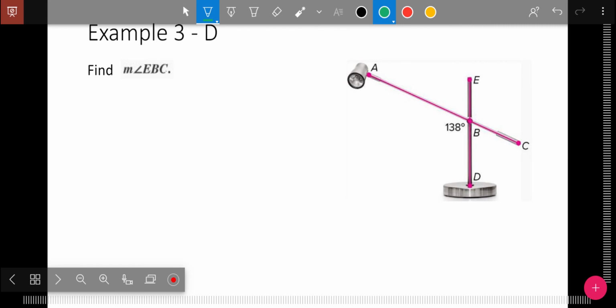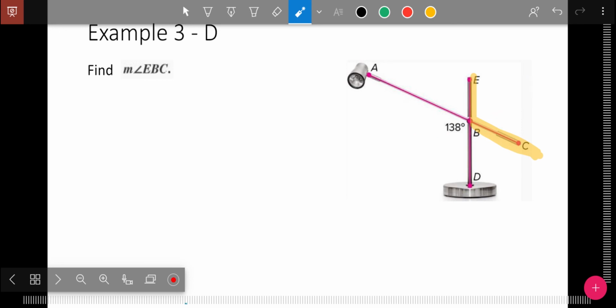Find the measure of angle EBC. That's what that question's asking. That little m means measure. Find the measure of angle EBC. Well, first, where the heck is angle EBC? EBC is right here. And I can see right now that this angle and this angle are like across from each other.